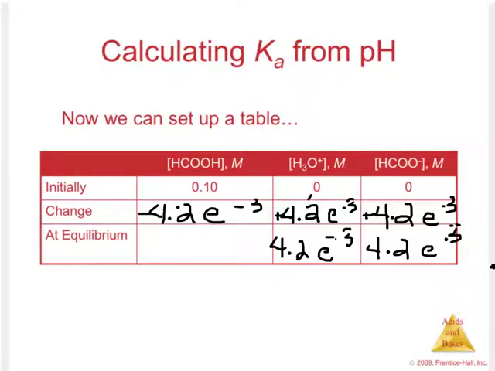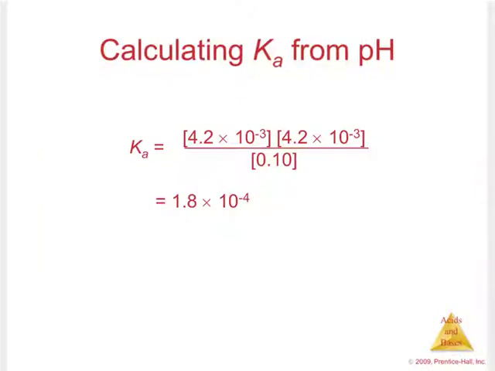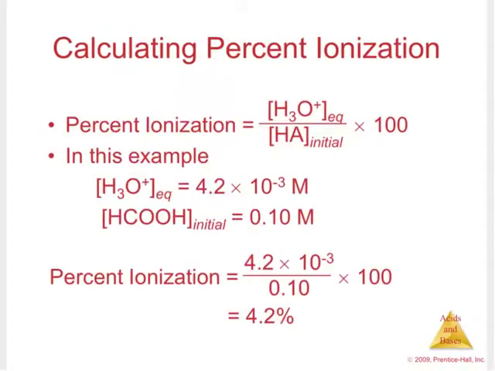And when we subtract, we will find that at equilibrium we have 0.095, which in terms of sig figs will actually round to 0.10. And then we just plug our values into the equilibrium expression and we solve for Ka.